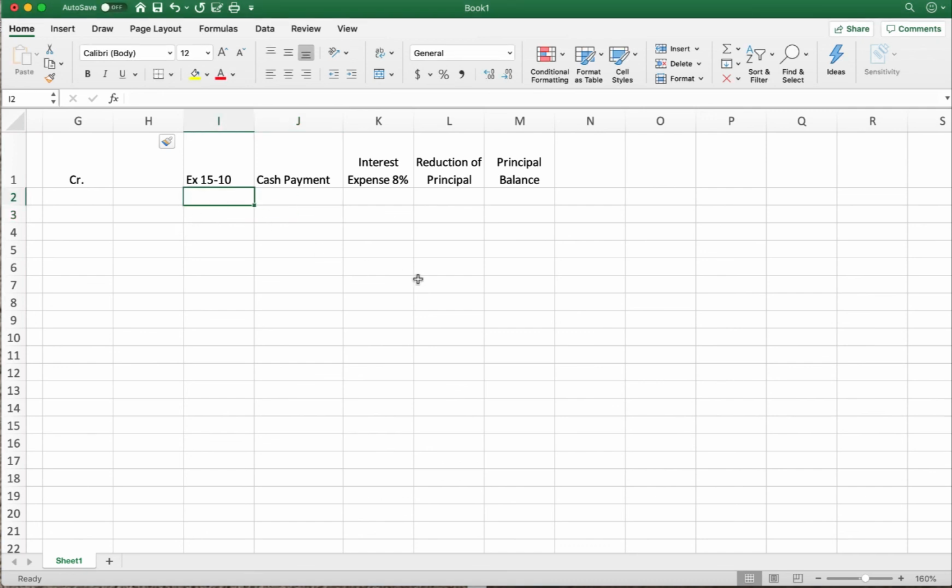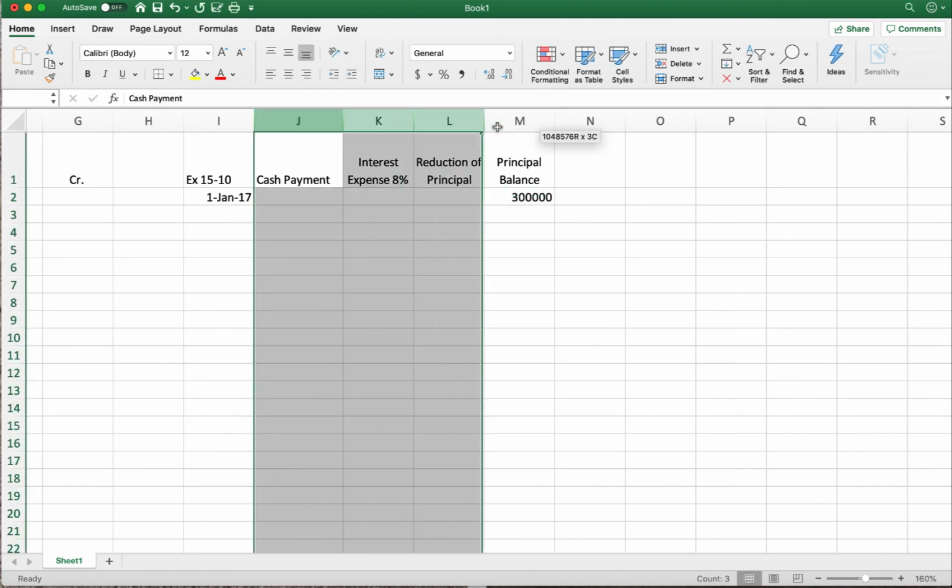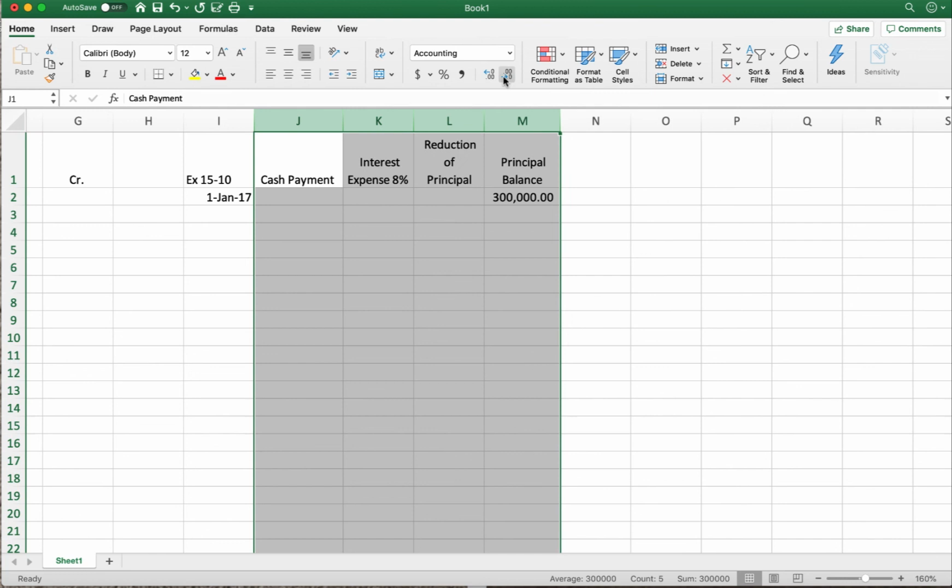So we know as of Jan 1, 2017, we borrowed $300,000. So the principal balance on this note is $300,000.